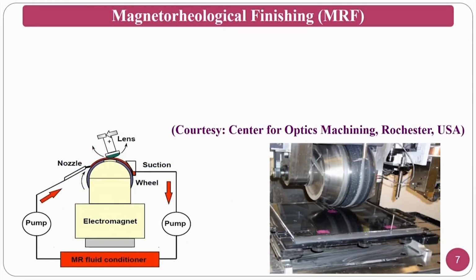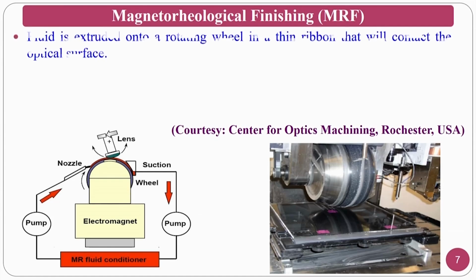Okay, the magneto-rheological finishing process, as you can see here, the schematic diagram and experimental setup both are there. The fluid is extruded onto the rotating wheel in a thin ribbon that will contact the optical surface. That means this is my optical surface and this is my rotating wheel.